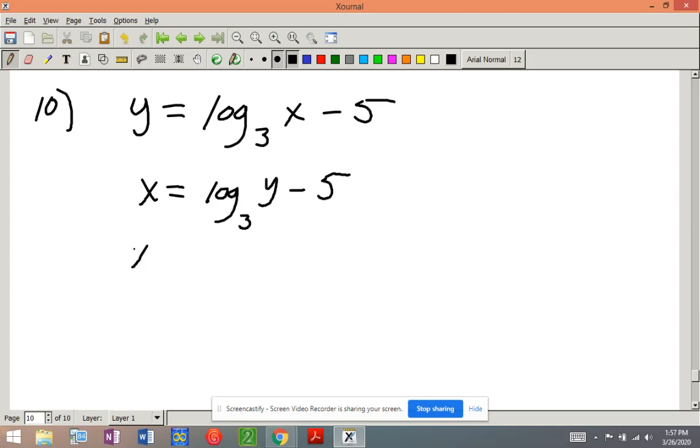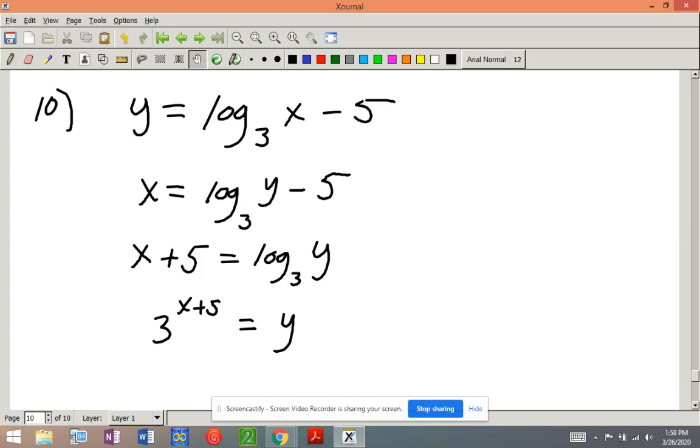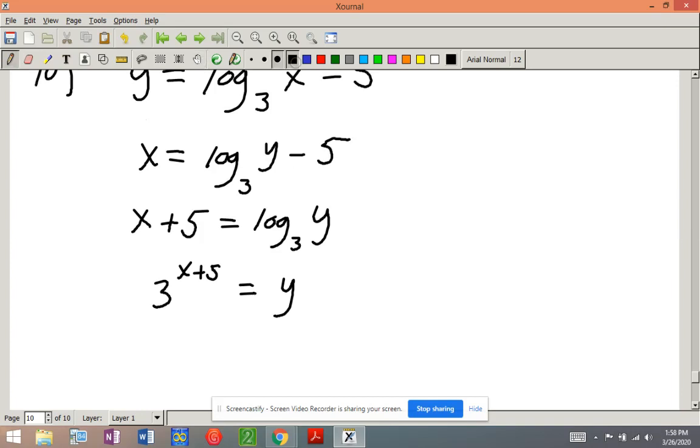So we had x plus 5 equals log base 3 of y. And then we wrote that as an exponential equation. So 3 to the x plus 5 power is equal to y. And if you'd like to rewrite that in the other direction, y equals 3 to the x plus 5 power.